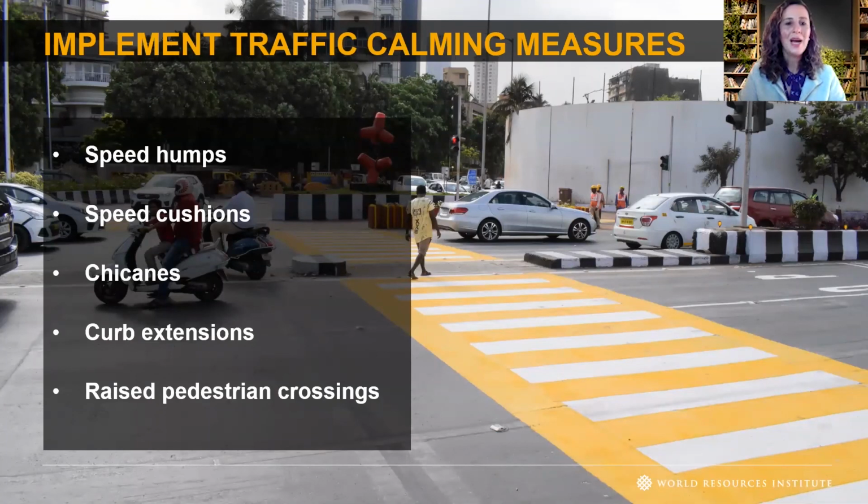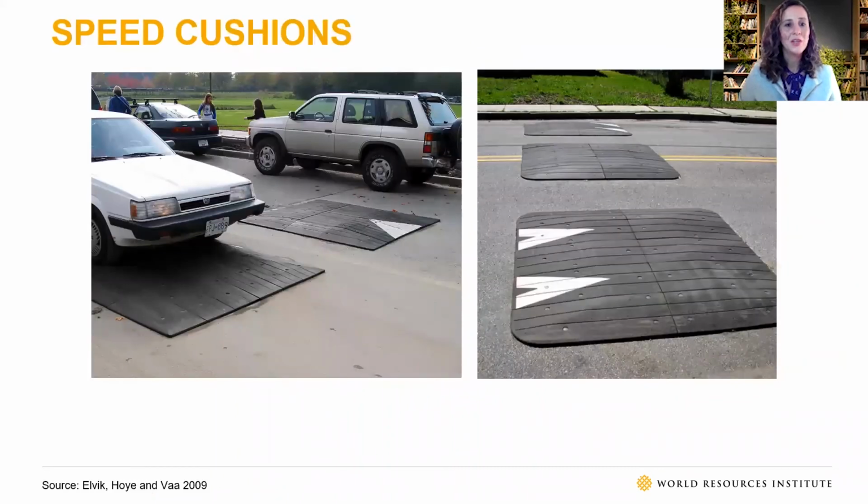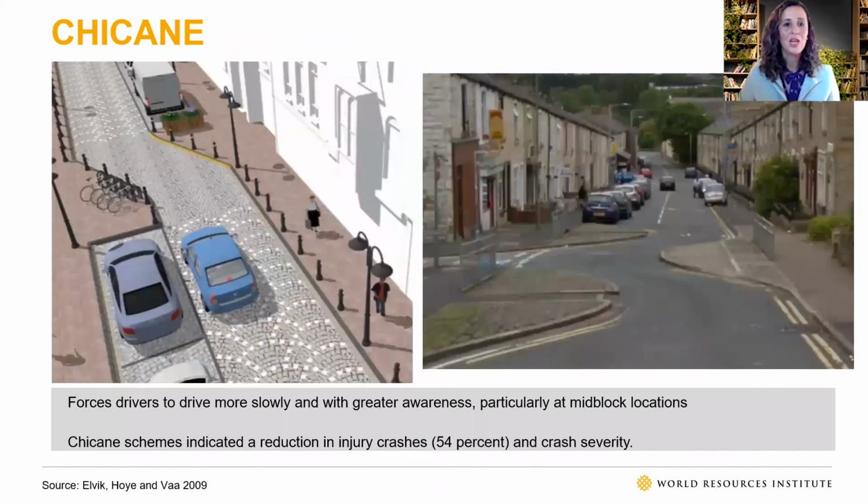These are some actions that you can take as an engineer, as architects, as urban planner. If you have streets where speeds are really high, you can work with speed humps. You can put speed cushions. You can do chicanes. They help slow down because they get the attention of the driver on the road.